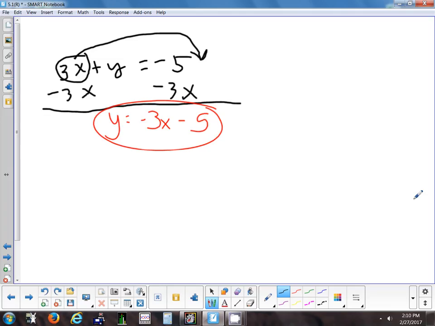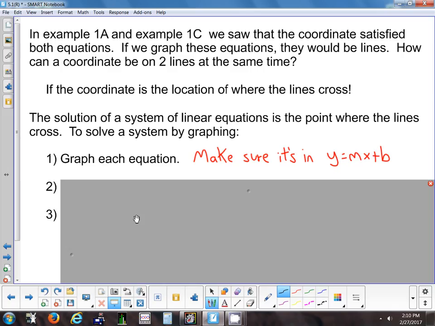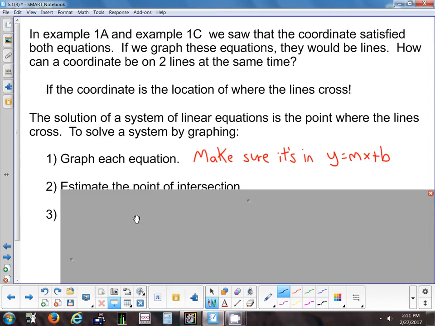So in this problem, the x is in the wrong spot. A lot of times you're going to get this. The x comes first, so give it the opposite sign and move it to after the equal sign. And this last one is also in the wrong form. We've got stuff all over the place, but I'm not going to go through that right now. We're just going to make sure it's in y equals mx plus b.